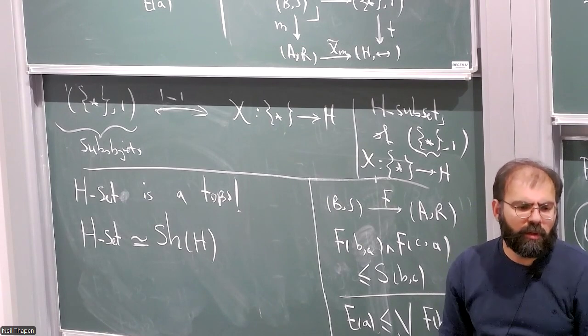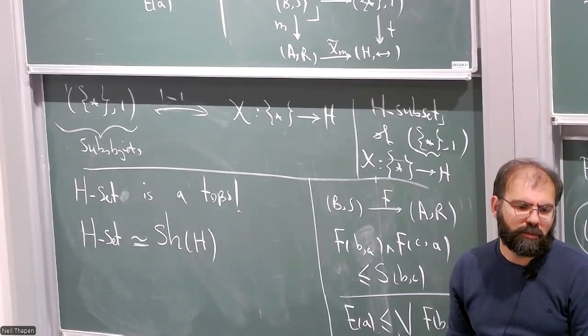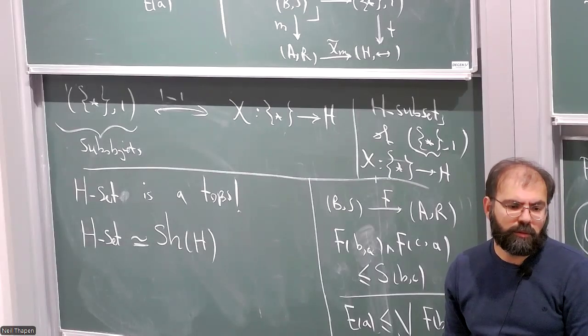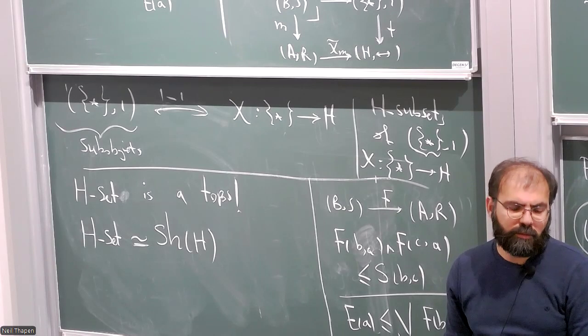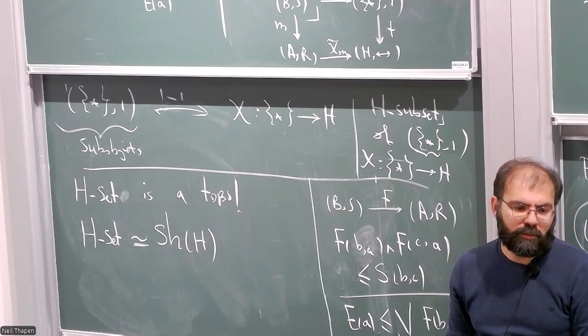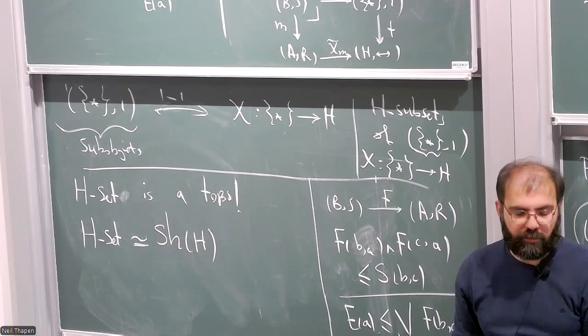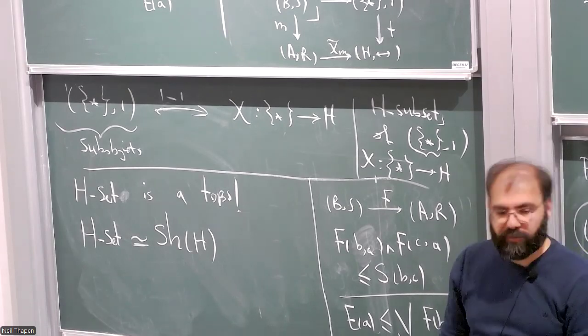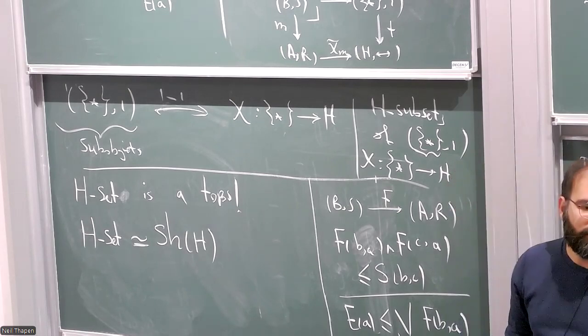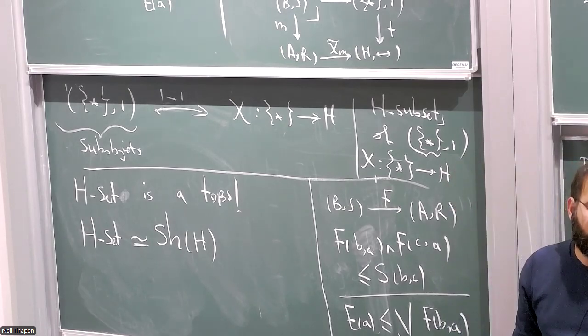Okay. And so you showed some things about this category. Yeah. And right, showing that it's a topos. And then this business with H subsets is some kind of auxiliary thing you use for the subobject classifier. Yes. To show that the subobject classifier is a subobject classifier. Oh, I think I mixed up H sets and H subsets. So the H set is the basic thing.